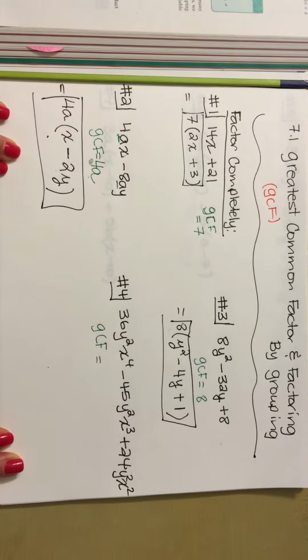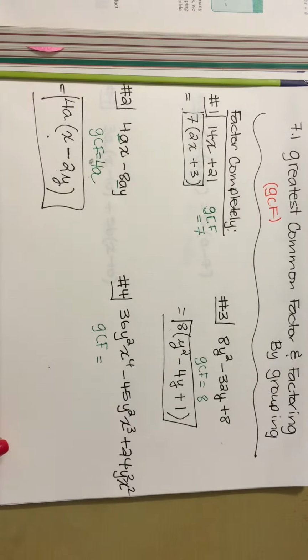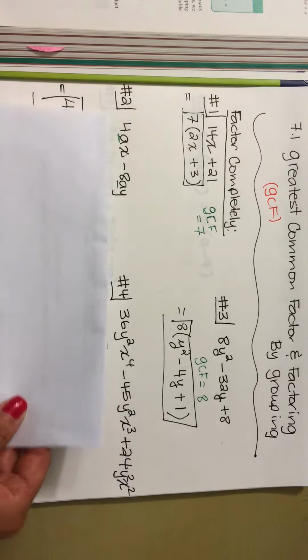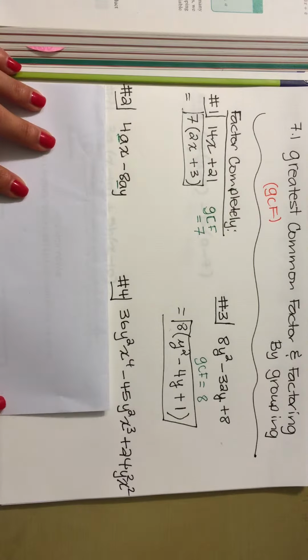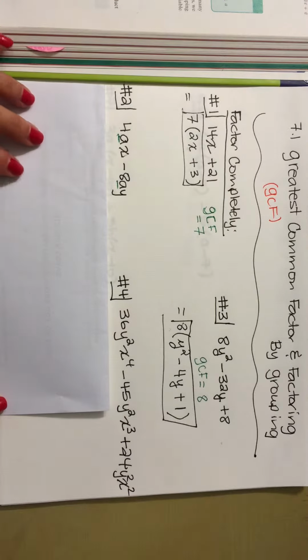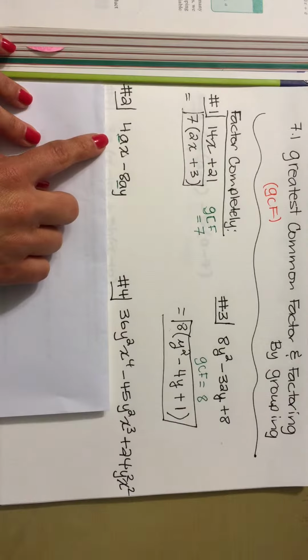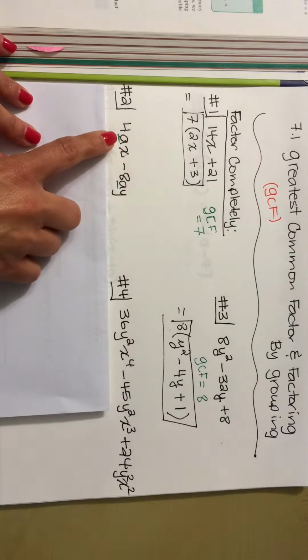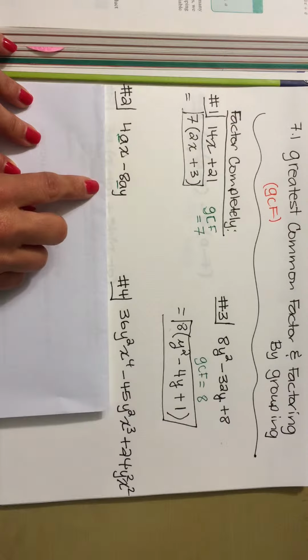And then we have example 2. So we're looking at these two terms, 4x minus 8y. So first of all, notice that you have the 4 and the 8, and we also notice that there's an a in both terms.